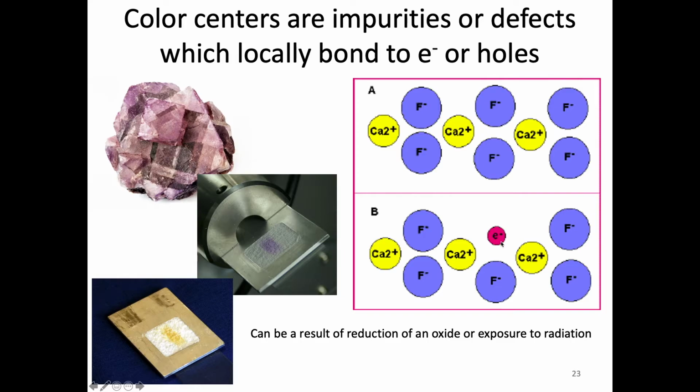The way that we can actually get these is either by reduction, so we have an oxide that can be reduced, with multiple valence states, or from radiation. I put this here as an example because this is something that we can actually see in the lab.